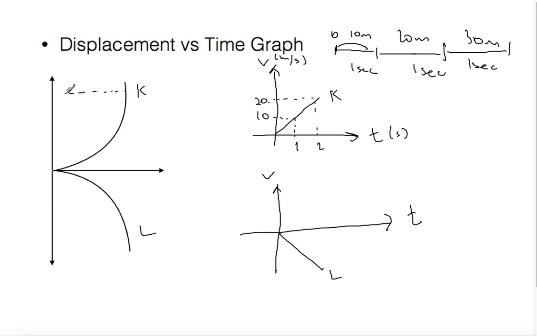Let us say K goes in the delta x plus direction, and L goes in the minus delta x direction. At the beginning they were together, but after time t, in the 0 to t time interval, the distance between K and L becomes 2 delta x, as you see.